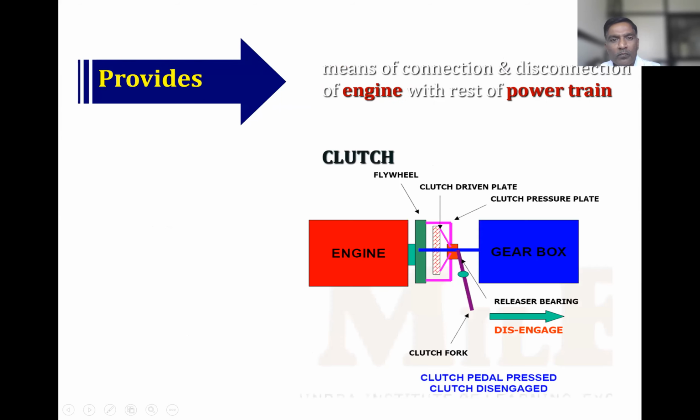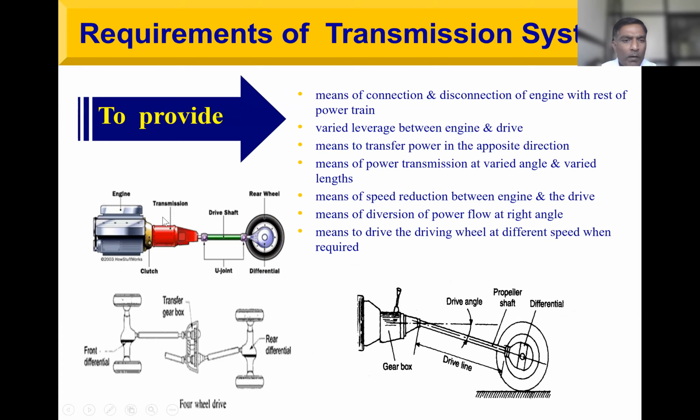Okay. Once again, I will repeat. Okay. So the requirement of transmission. So first requirement, connection and disconnection of engine power with rest of power transmission. For that, clutch is required. Then for varied leverage between engine and drive, gearbox is required. So means to transfer power in opposite direction, gearbox as well as transfer case is required.